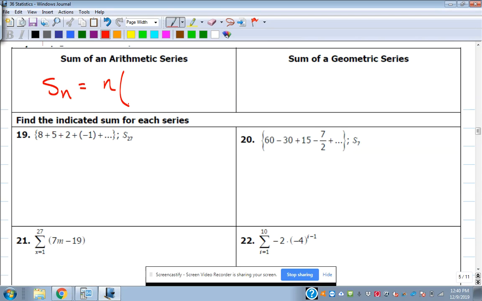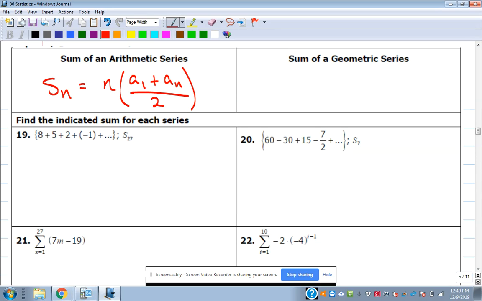It's going to be n times a sub 1 plus a sub n, divided by 2. If you want the sum of the first 12, it's 12 times the first term plus the 12th term, divided by 2. And if you want the first 15 terms, it'd be 15 times the first term plus the 15th term, divided by 2.